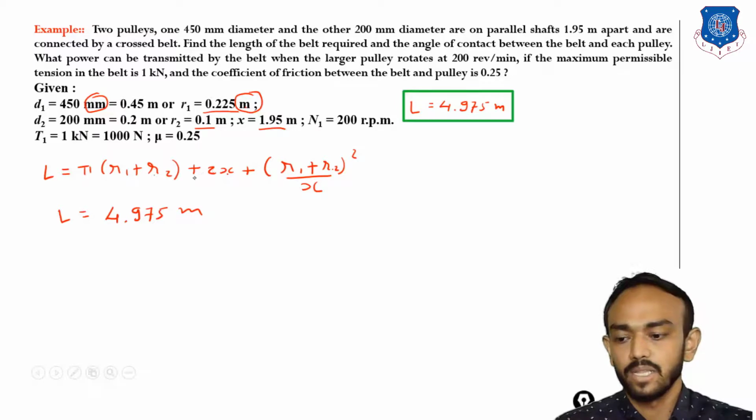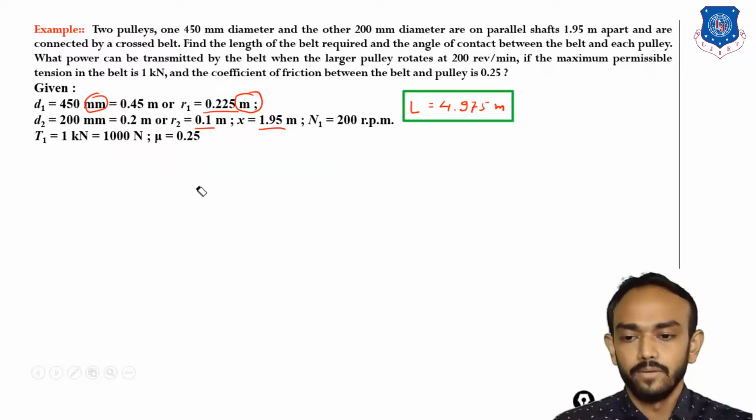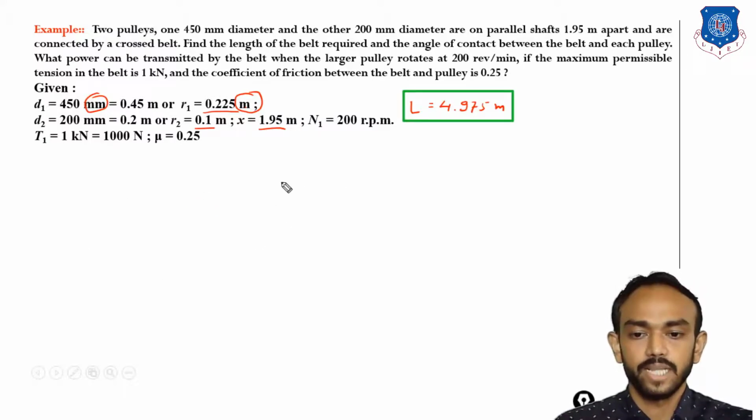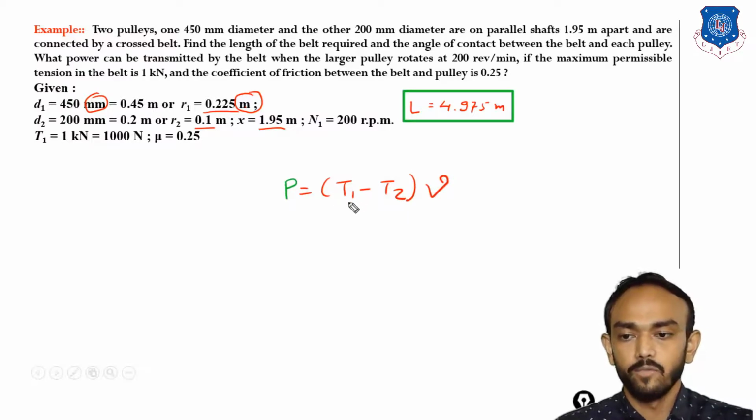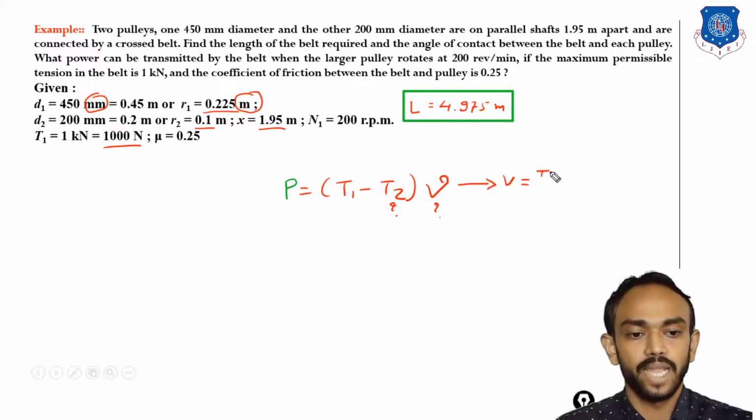Okay, after that we want to find the power. Power is equal to (T1 minus T2) into velocity. T1 is given, but we don't know T2 and we don't know the velocity. So first of all we will find the velocity. Velocity of the belt is equal to pi d1 n1 upon 60.